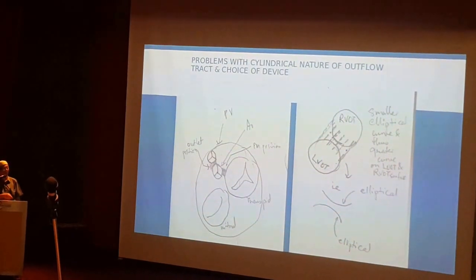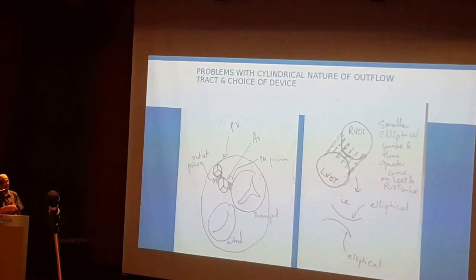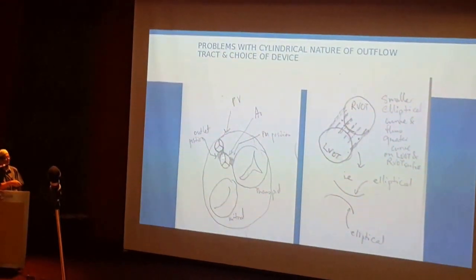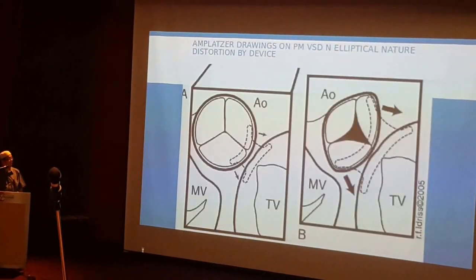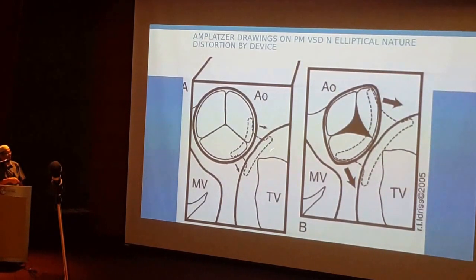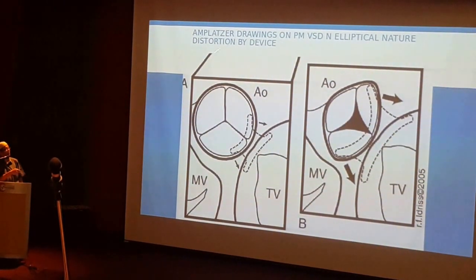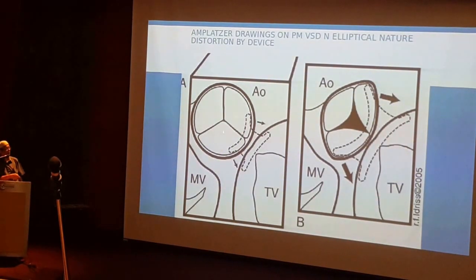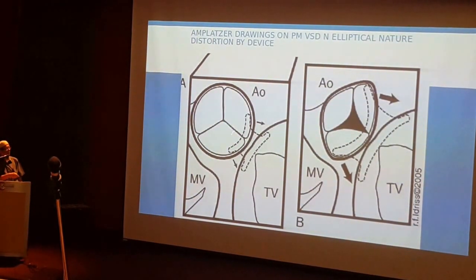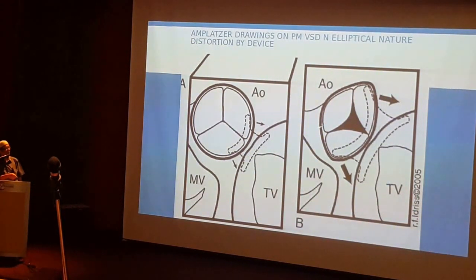So if you put any device which tries to straighten that part, you're actually going to distort the architecture around it. This is from the Amplatzer series, and Dr. Zaid Amin talked about why they develop severe complications after putting the device.